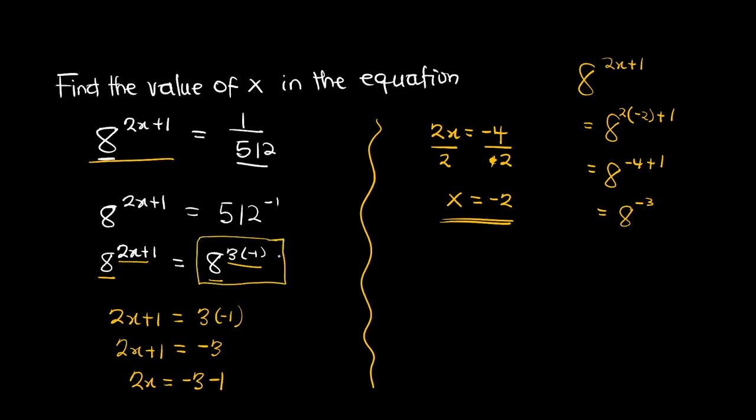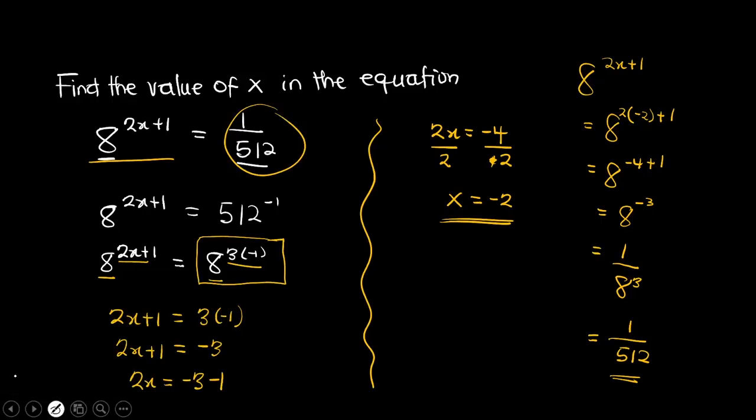This is equal to 1 over 8 raised to the power 3, because 8 raised to the power negative 3 can be expressed as 1 over 8 cubed, and this will be 1 over 512, as we can see on our right hand side. So this becomes the solution for this particular problem.